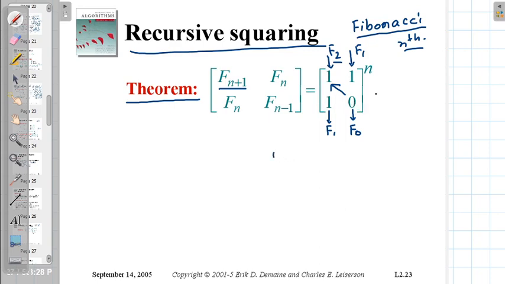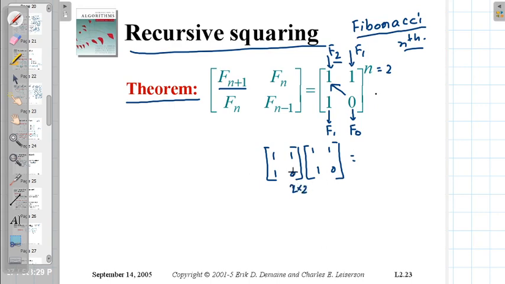And now this 1 1 1 0, if I am multiplying with this, say if I am taking n equal to 2, so can you tell me what should be the answer here? This is 2 by 2, right?